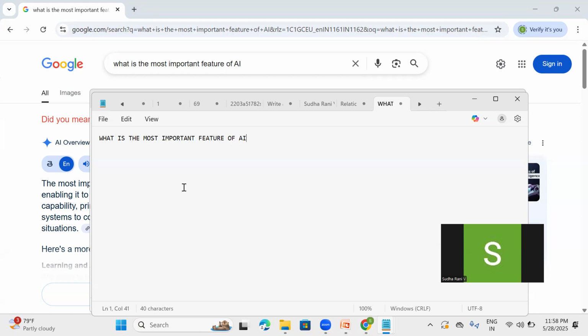Now let us see how it is going to process according to indexing. The first thing it is going to do is tokenization, which is dividing words.